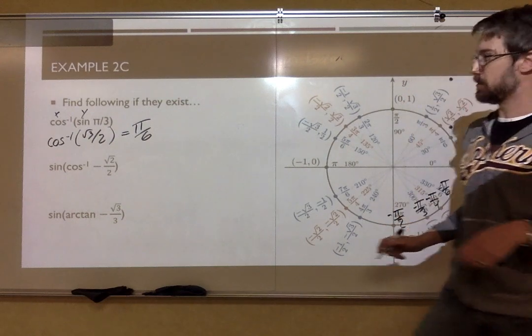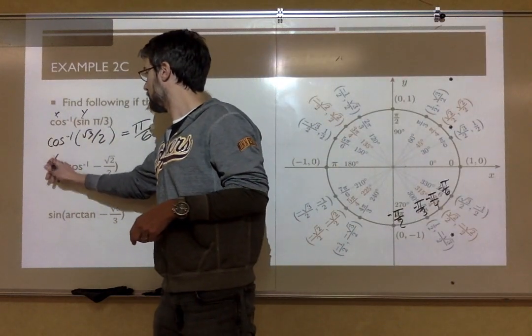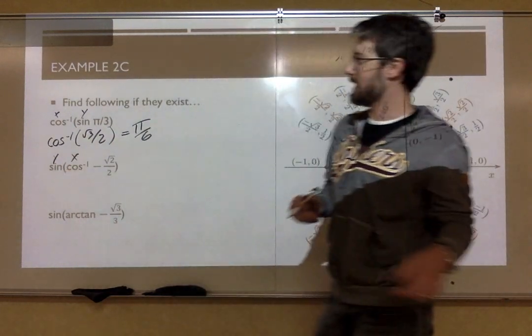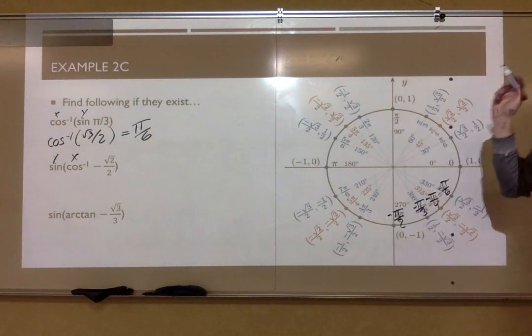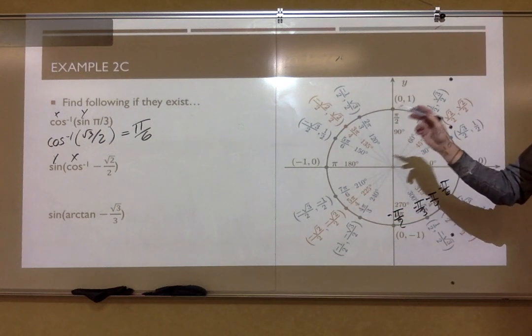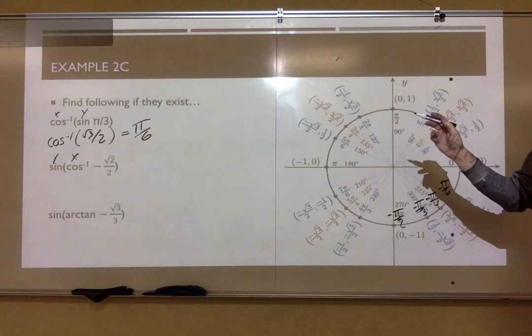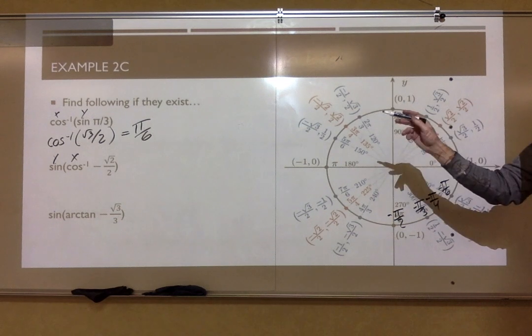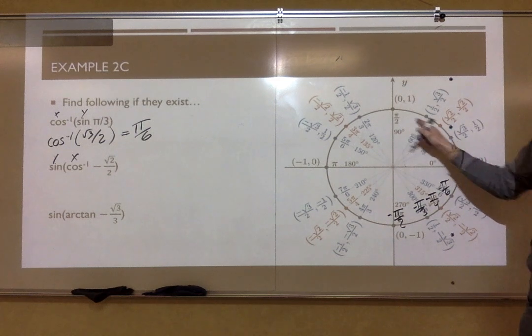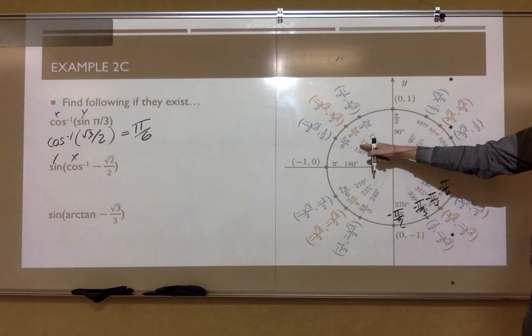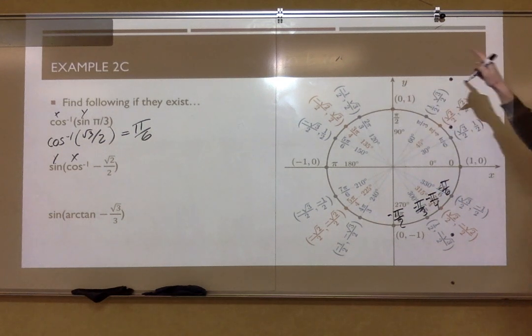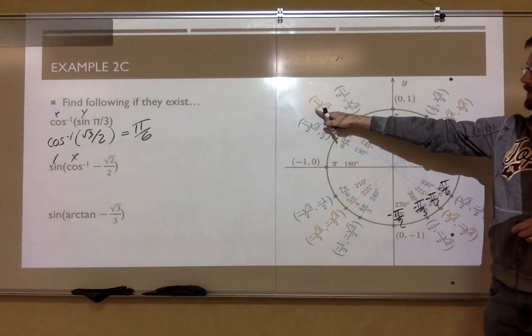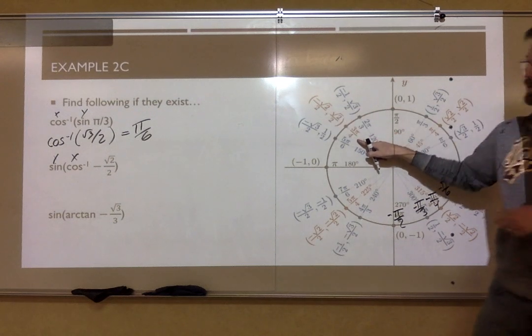Sine inverse cosine. Again, sine is the y value, cosine is the x value. Cosine inverse of negative root 2 over 2, we are looking for the angle that has that x value within the top two quadrants for cosine. The x value is negative root 2 over 2 right here, which is at 3 pi over 4.